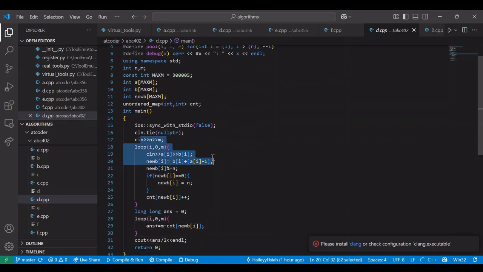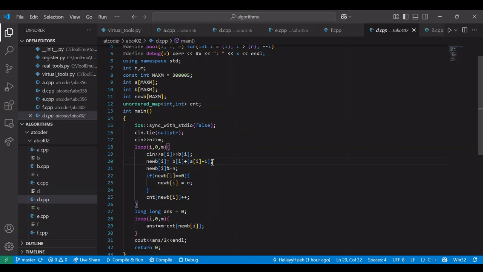So we first take the input of the lines, and then new b is just the k that I mentioned previously. I update this by transforming it by adding ai minus 1.